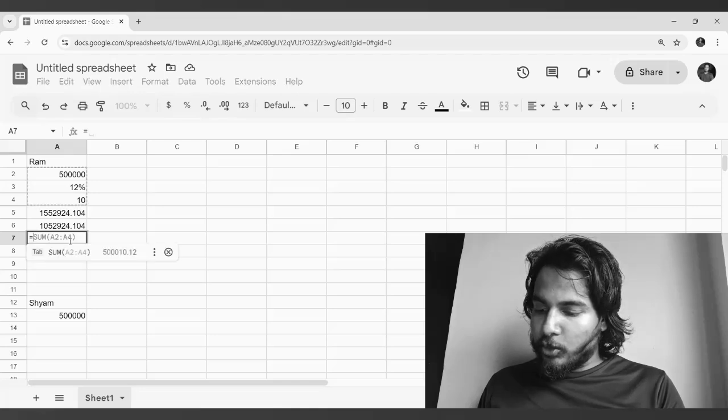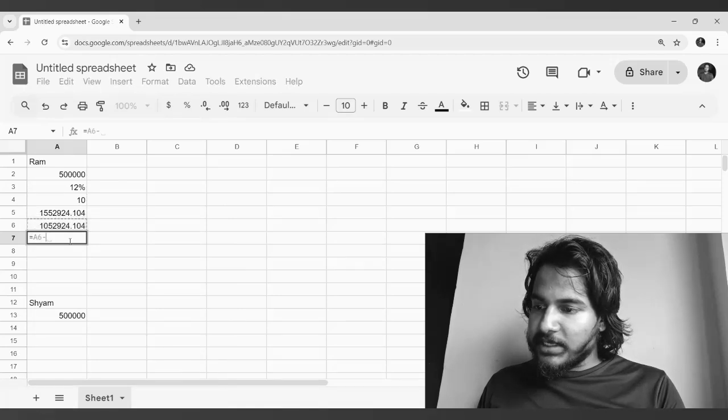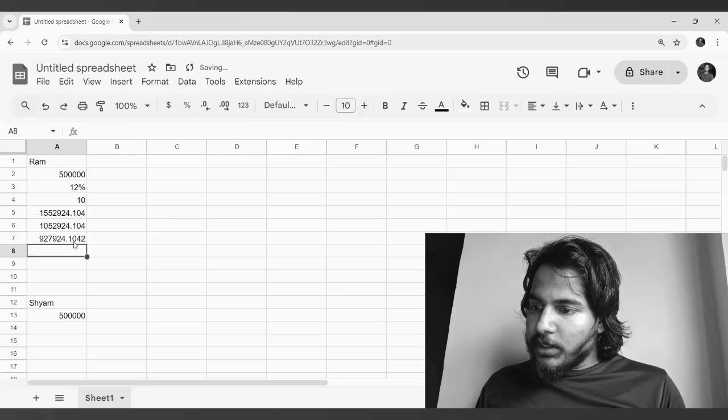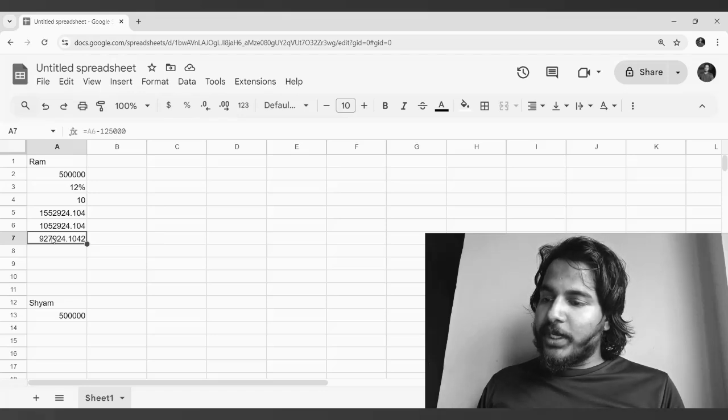So equal to A6 minus 1,25,000. Now this is the taxable amount. This is the amount on which you will have to pay the tax.